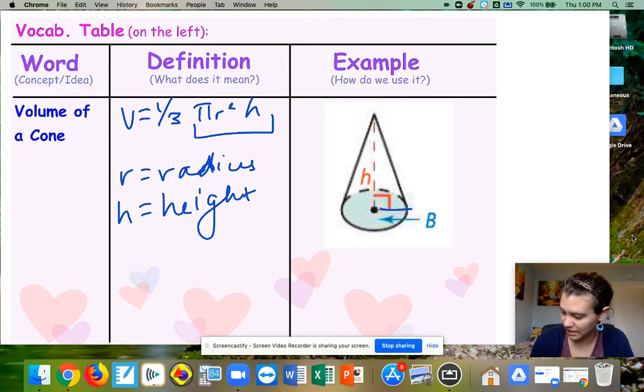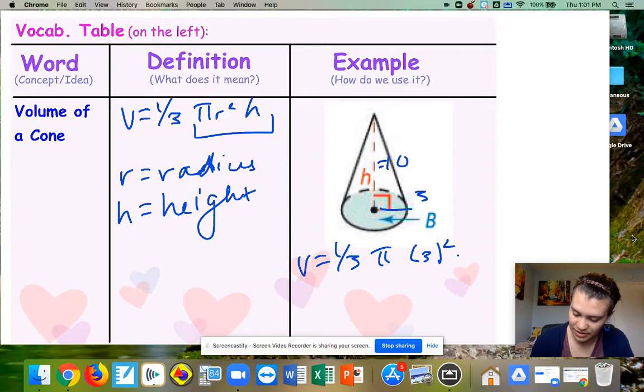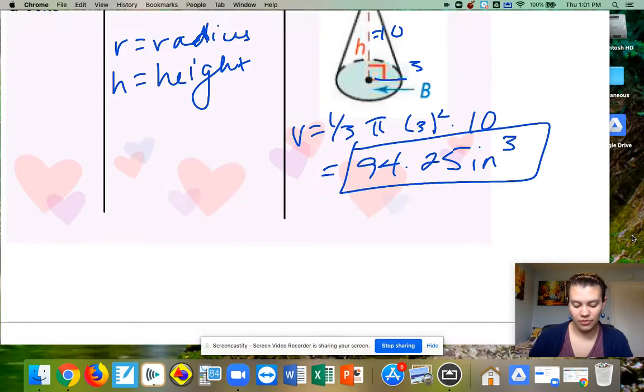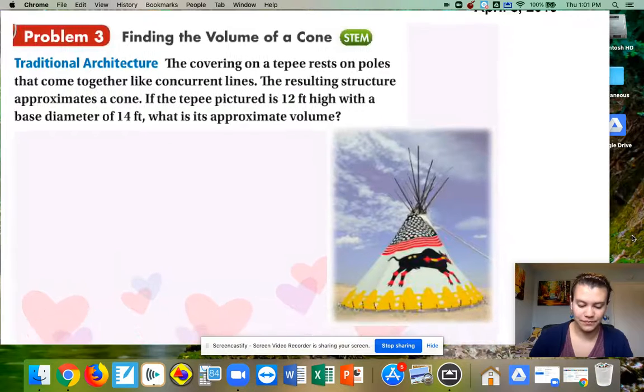So here, if we say the radius is 3 and the height is 10, you can find your volume by doing 1/3 times pi times 3 squared times 10. Type it all in and you'll get 94.25 inches cubed for your volume.